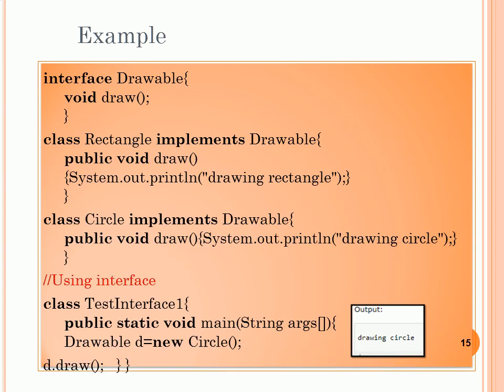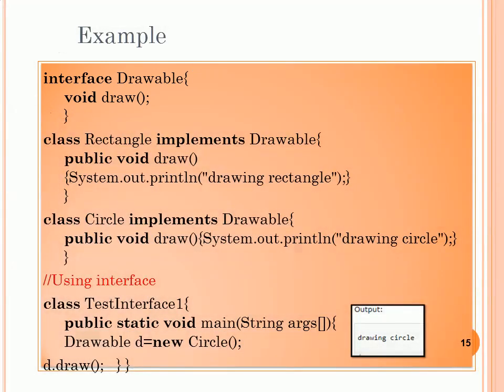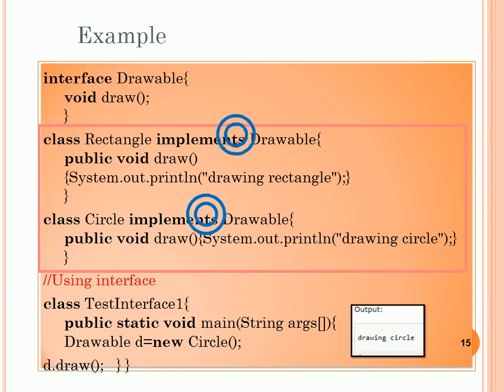You can see in this example, we are defining one interface called drawable, in which we have one abstract method called draw. Then we are creating two separate classes, rectangle and circle. Both of them will implement the interface drawable, and they will define the abstract method draw according to them.